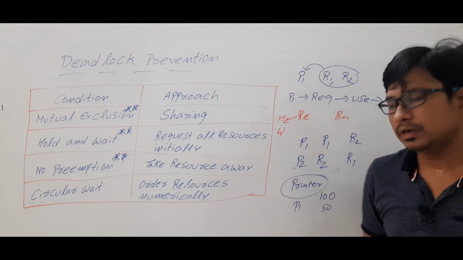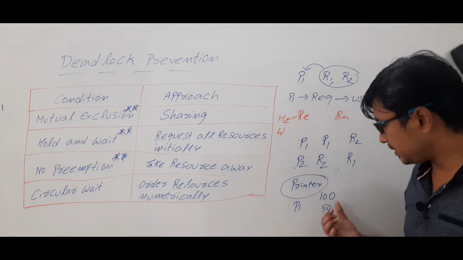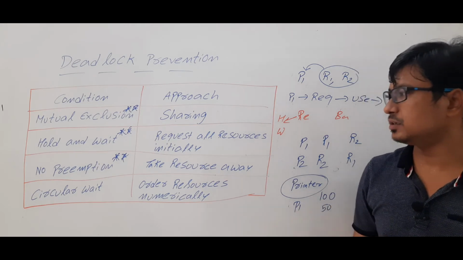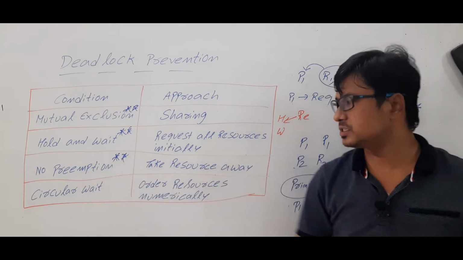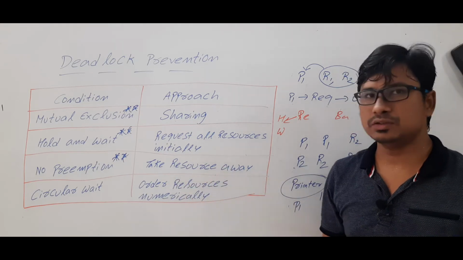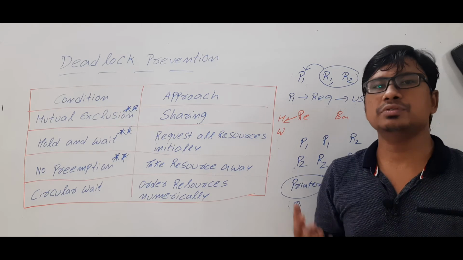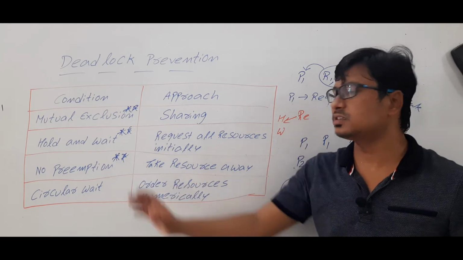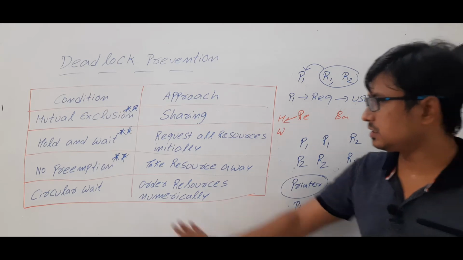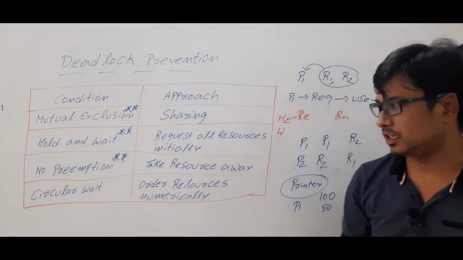Then what will happen? Now person P1 cannot print the remaining 50 pages. Is it clear? So if you disable no preemption, taking the resource away is possible. But if you take resources from a process forcefully, the performance of the system will be degraded. Is it clear? So this is also not practically possible.